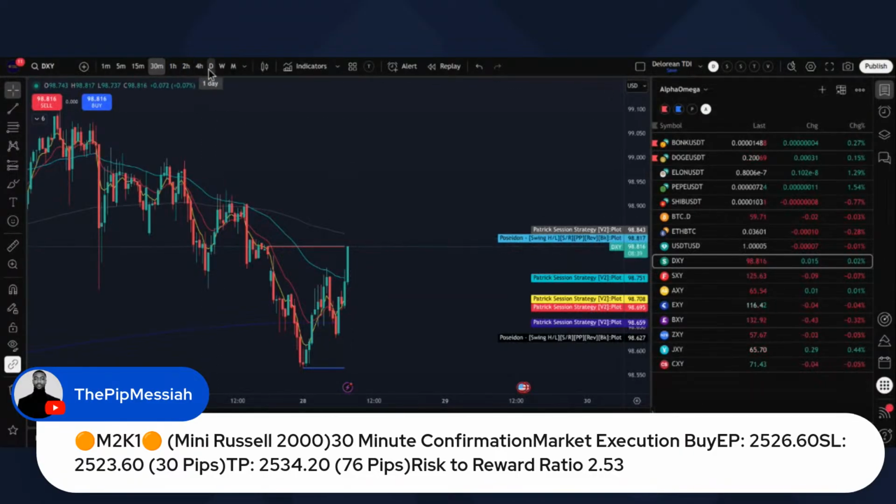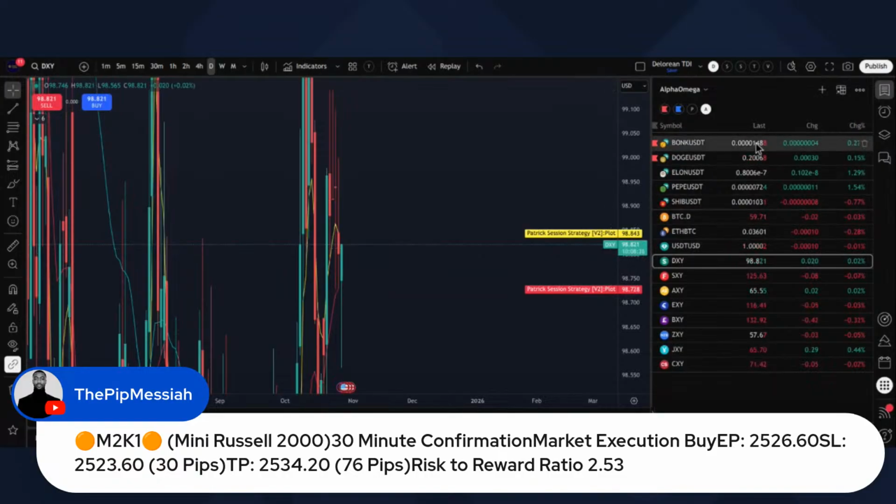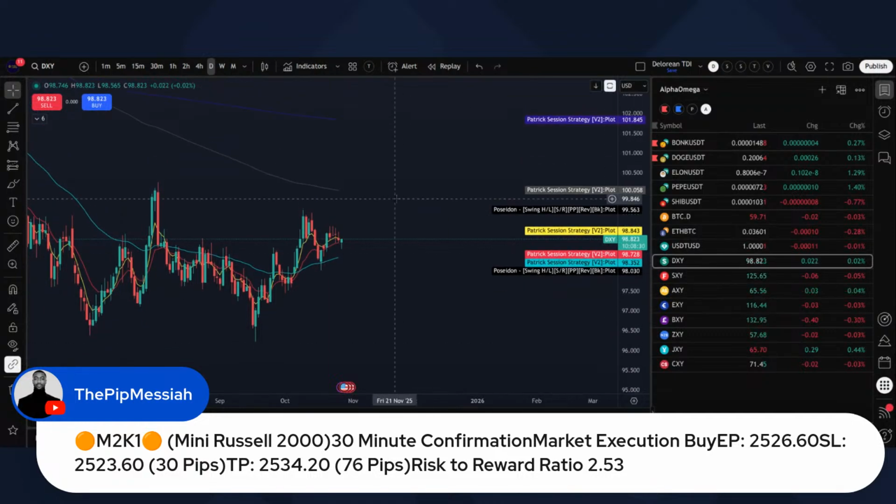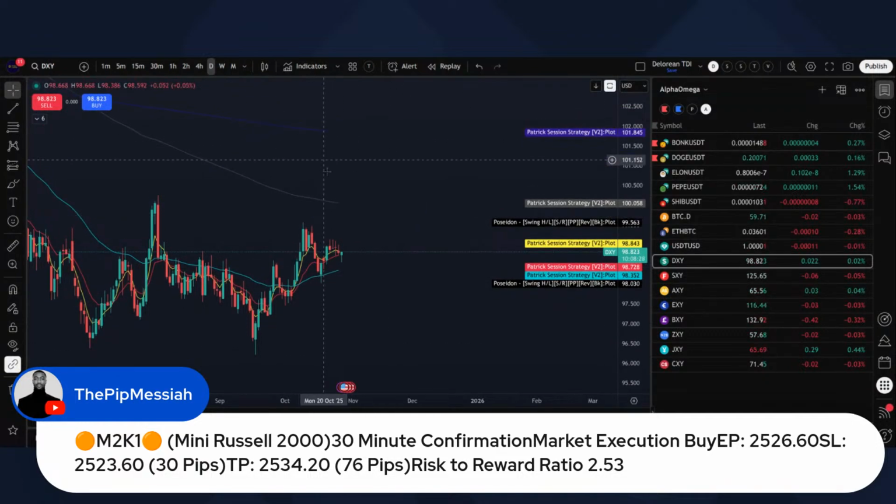Let's move up to the daily and take a look. All right, so we're in a downtrend on the US dollar on the daily. Blue, gray, aqua. We've recovered a little bit of price, but it crested here, and that's a lower high.